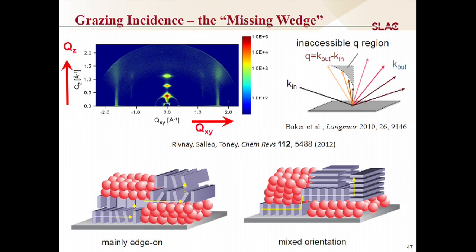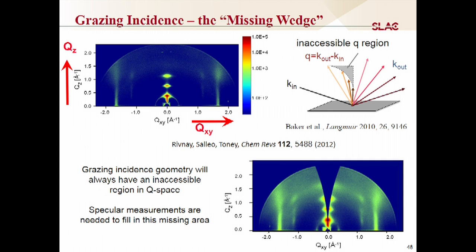And so what this means is that especially for things that are highly textured, such as this polymer system, this is not purely the scattering from the out-of-plane region, because you're not actually measuring the out-of-plane direction except for a point that's maybe here, single point on your detector. And so what you actually have is sort of a missing wedge. If you translate this into in-plane and out-of-plane, there's actually this section here that you cannot measure in a grazing incidence geometry.